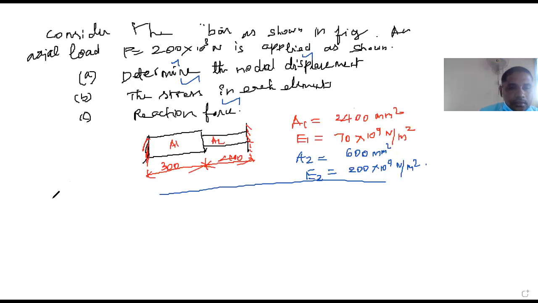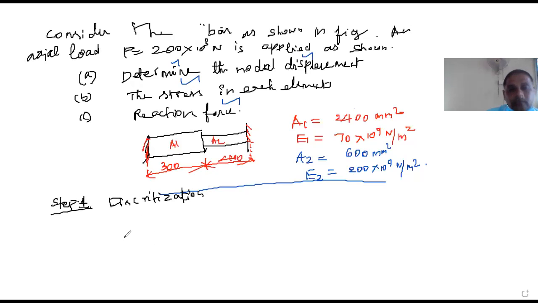As we discussed earlier, you have to start with step one called discretization. What do you mean by discretization? It's dividing the domain into small entities. How many small subdomains are needed here?